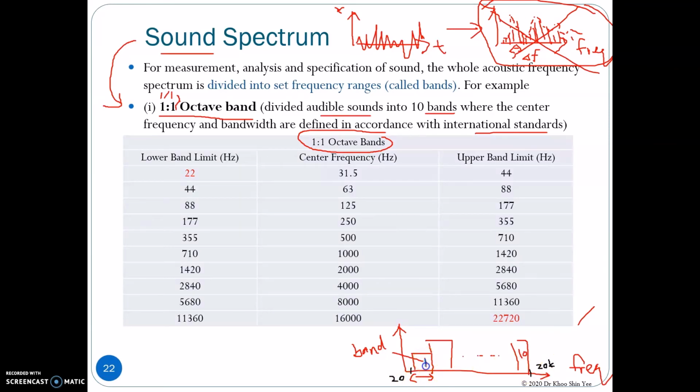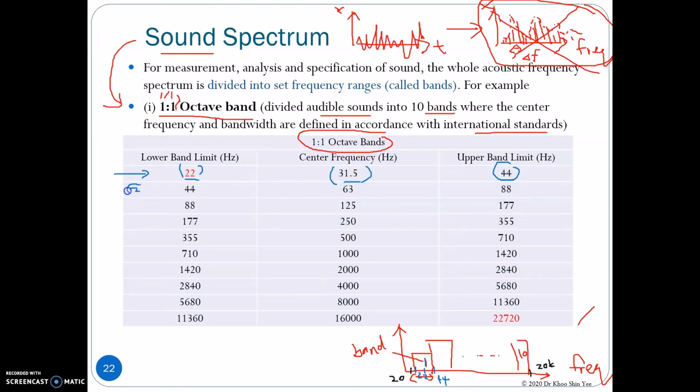For the first band, you can refer to this chart to find the lower band limit, center frequency, and also the upper band limit. So you have 22 Hz, which is this 22, and 44 is the upper frequency. The center frequency will be 31.5, which is here.